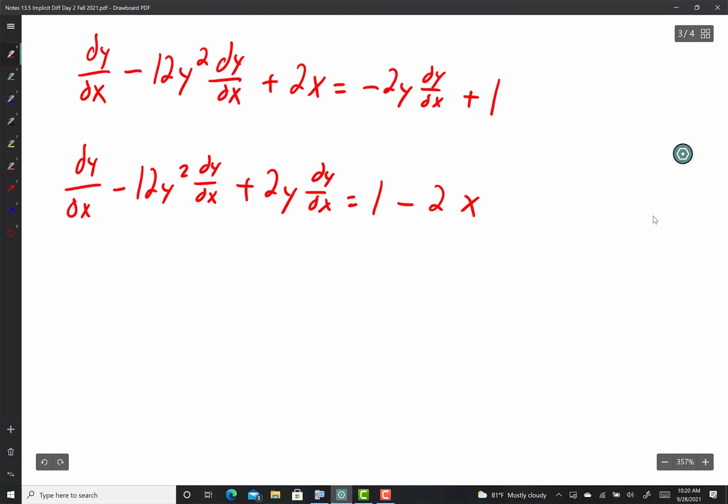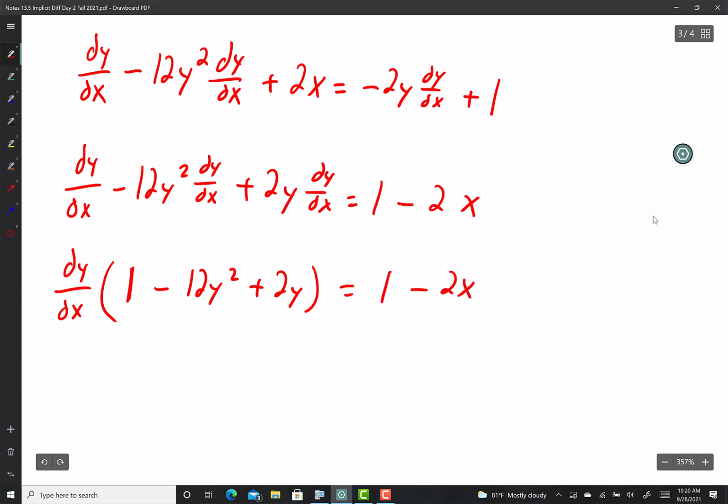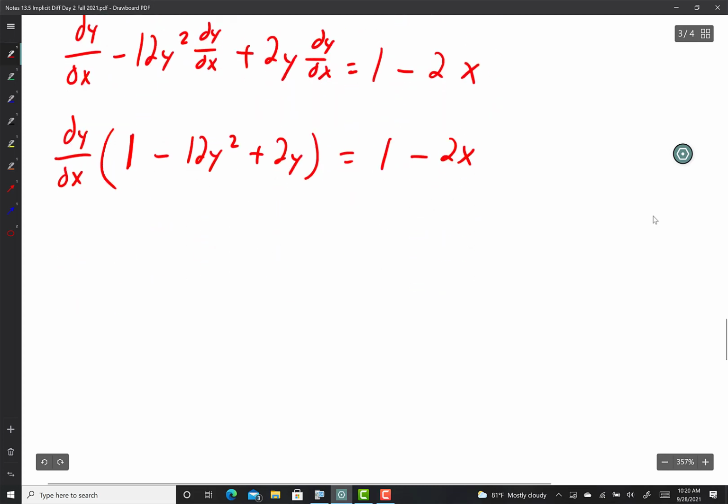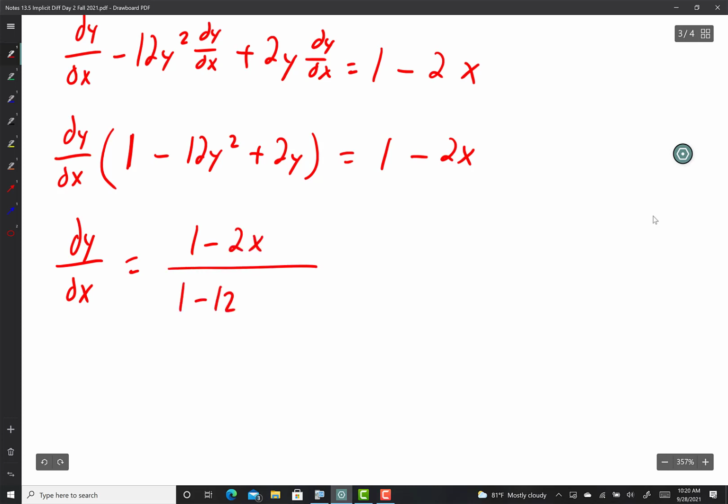Then you're going to factor out dy/dx, open parenthesis, don't forget the 1 in the front: 1 minus 12y squared plus 2y, close, equals 1 minus 2x. And then I'm going to what? Divide. So dy/dx equals (1 minus 2x) over (1 minus 12y squared plus 2y).